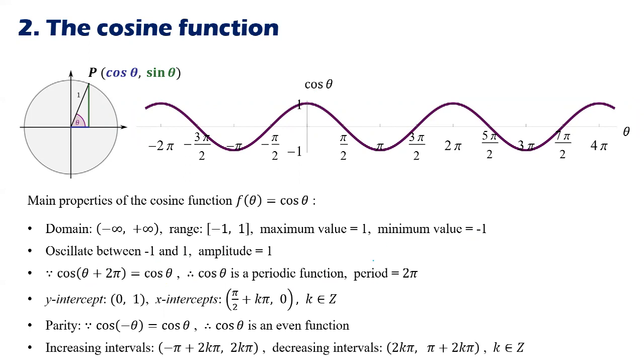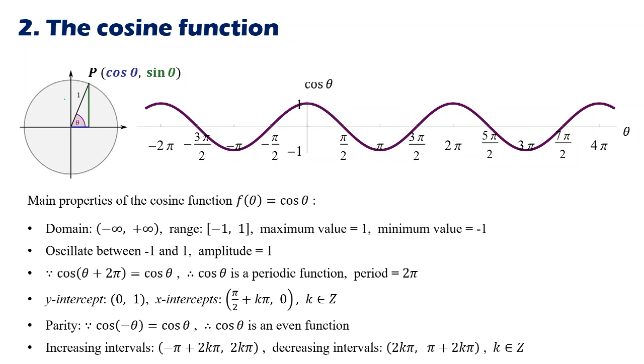Again, when we say period in this course, we mean the fundamental period, which is the least possible positive period. Okay, the y-intercept is 0, 1. That means when x is 0, y is 1, and the x-intercepts can be expressed as half pi plus k pi, 0.